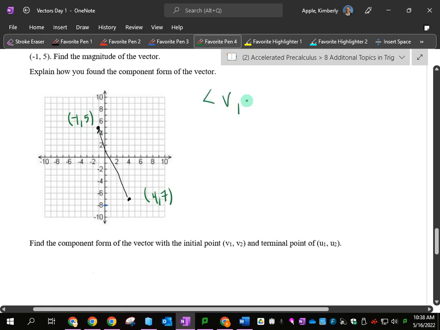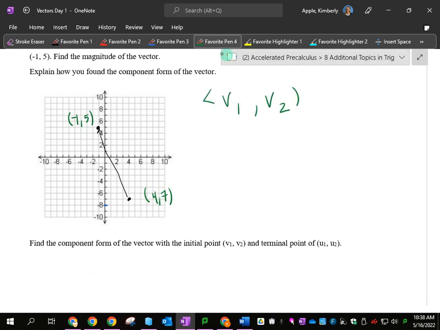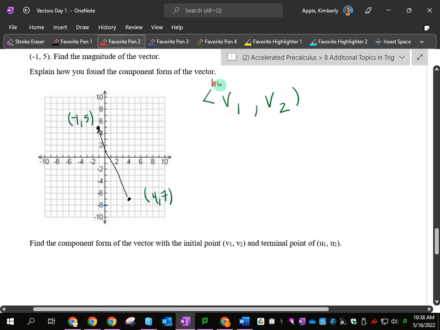Remember, a vector in component form is the horizontal and the vertical change. Well, that's just the differences in the x's and the y's, just like we've been doing with the parabola, right? So if I go from here all the way up here, what is the change?